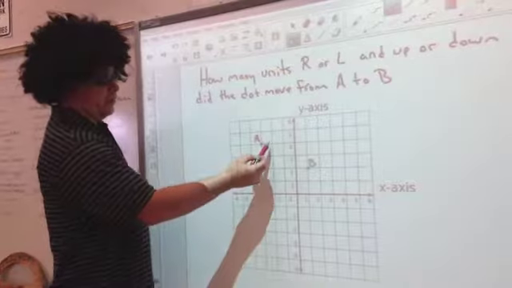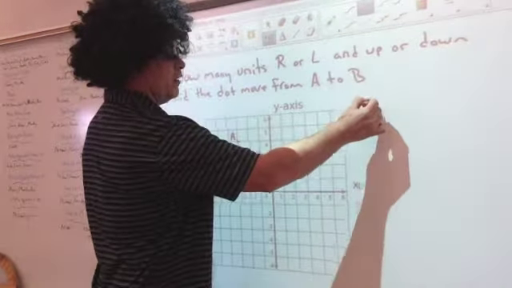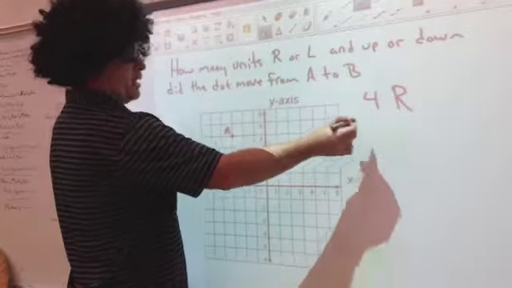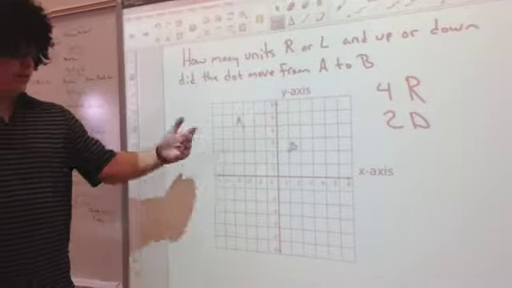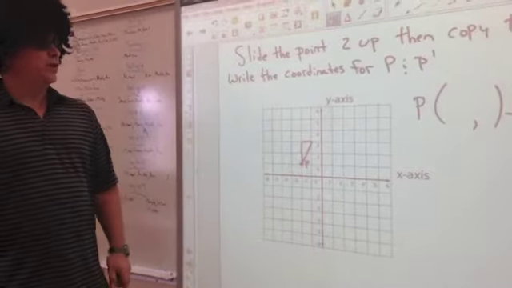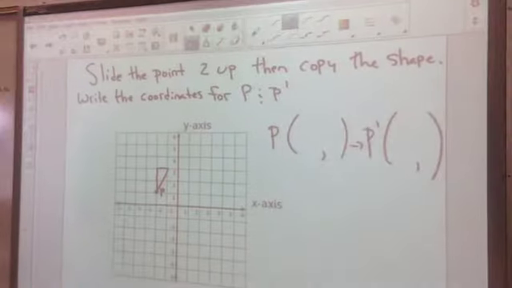In this case, we have 1, 2, 3, 4 to the right, and we went 1, 2 down, just like we did before, but now we have the full Cartesian plane on there.